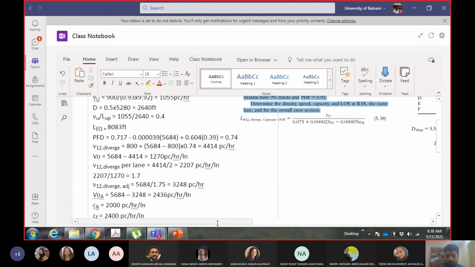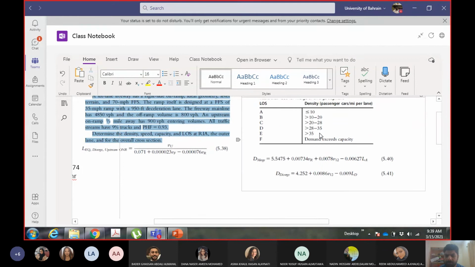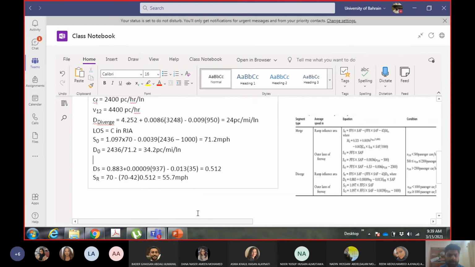If I come here, a density of 34.2 means your level of service is D. So for the outer lane, the level of service is D. There's only one outer lane.